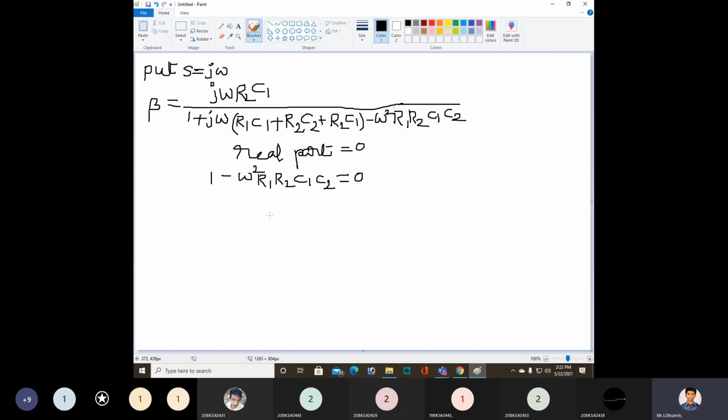Then you need to take omega square R1 R2 C1 C2 equals 1. Then omega square is equal to 1 by R1 R2 C1 C2.